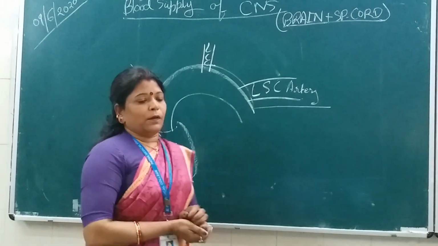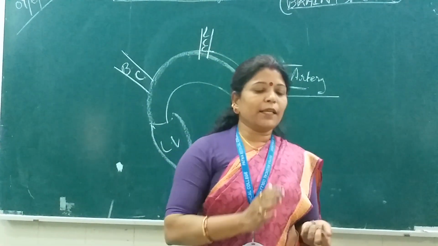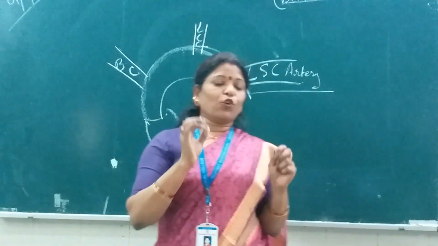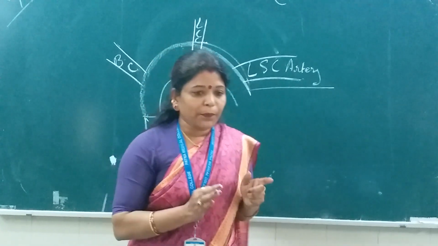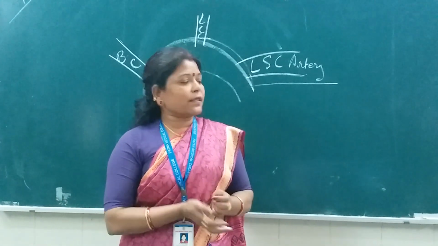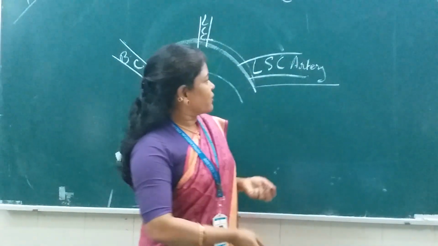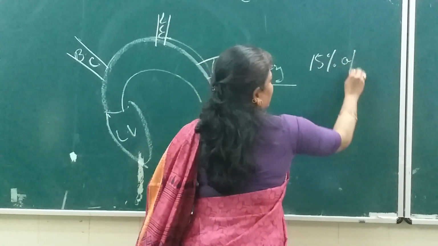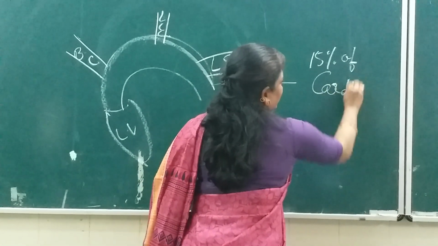All of you know that the brain is a highly metabolically active organ, isn't it? In spite of being 2% of body weight, the brain needs 20% of the oxygen. So how is this demand fulfilled? It is fulfilled by giving it 15% of the cardiac output.